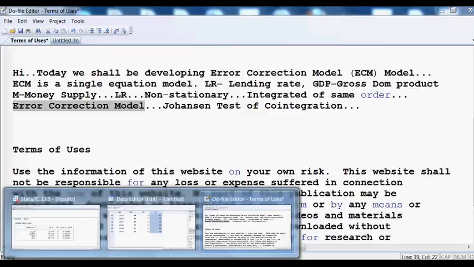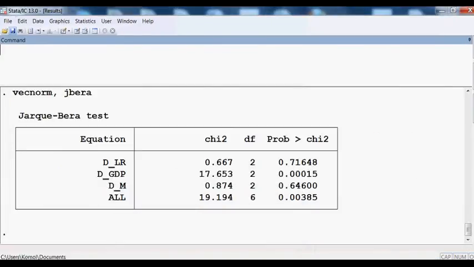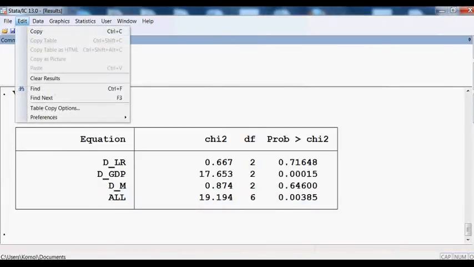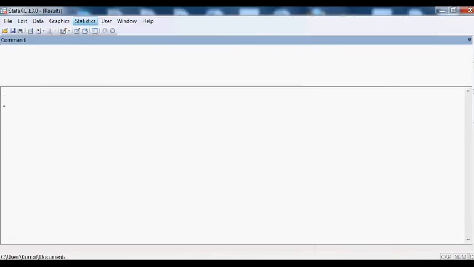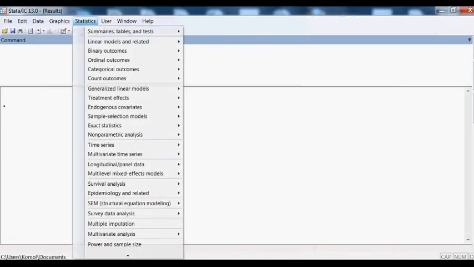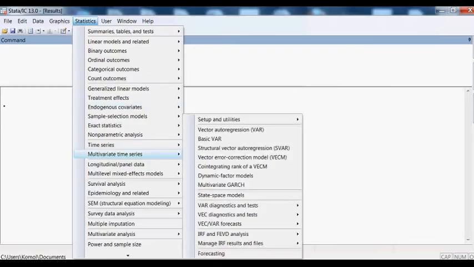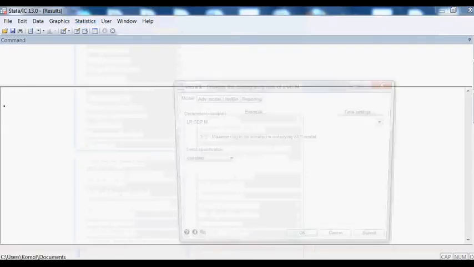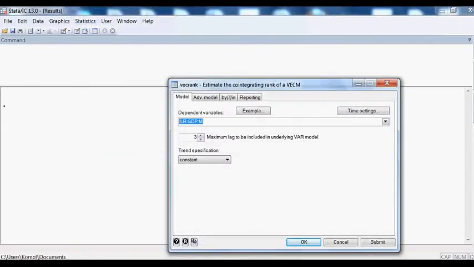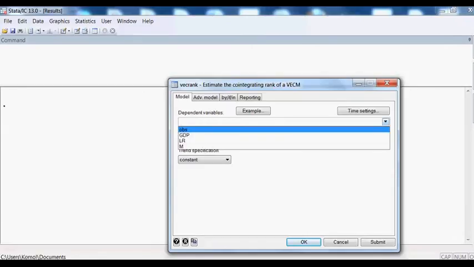Okay, I go to statistics, right? I make it clear, right? I go to statistics, multivariate time series. Then I go to co-integrating rank of a VECM model. Okay, here I put the variables.